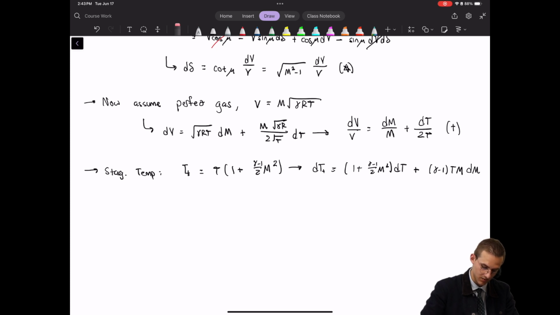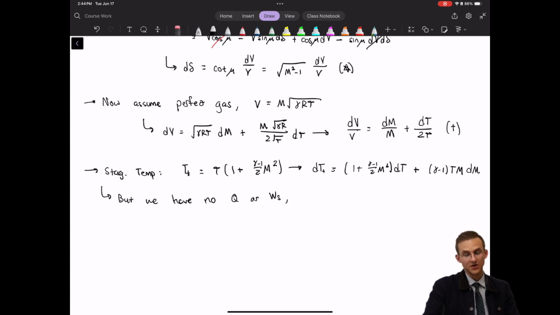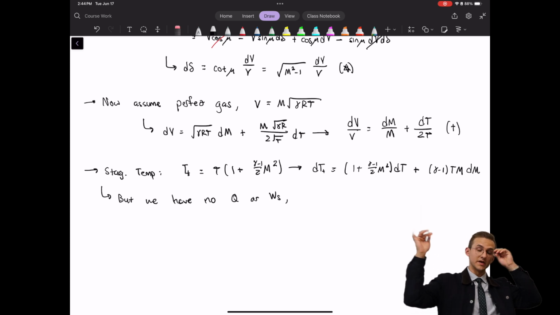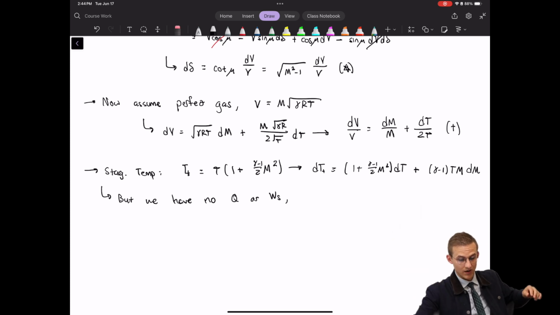But we know that we have no heat or work being done, right? Q or Ws. So if we have no heat or work being done, that means that our stagnation temperature, because we're dealing with a perfect gas here, is constant.